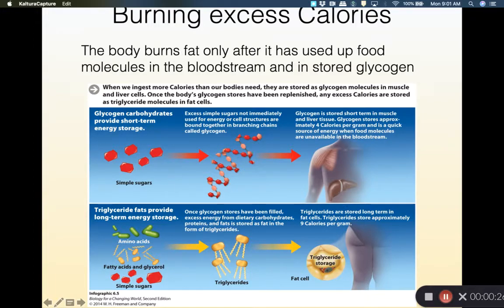Our body only burns fats, these long-term storage units, after it has used up all the food in the bloodstream that is stored in glycogen.